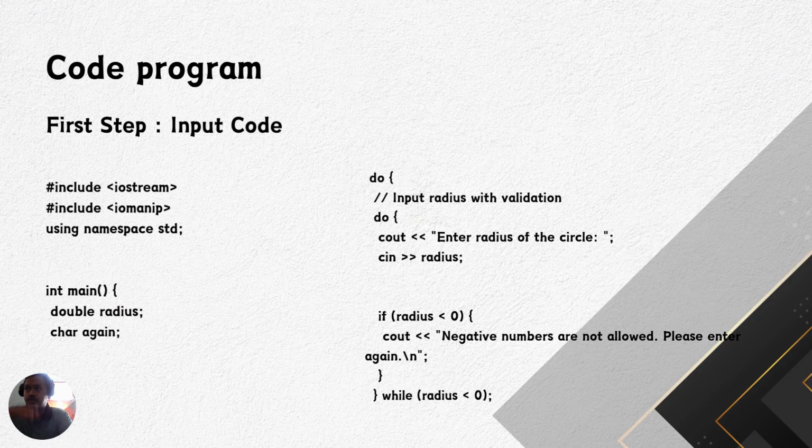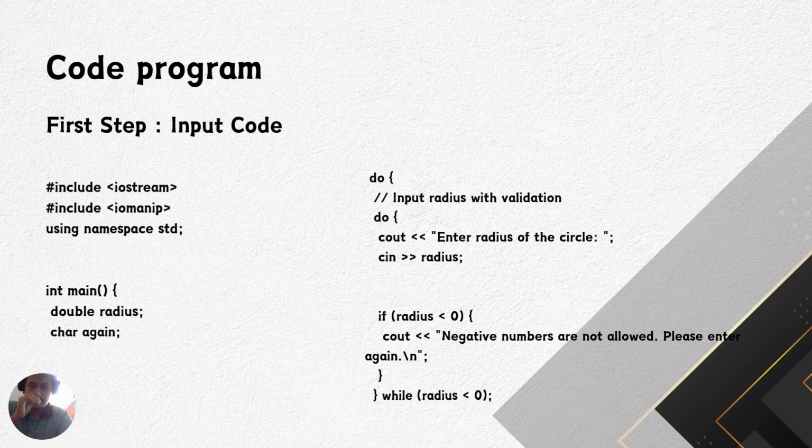So if you input 1.2 and the radius is an int, it will take the 1. But if you use a double radius, it will take the 1 and also the decimal behind it. After you take the number, it will be set throughout the program.